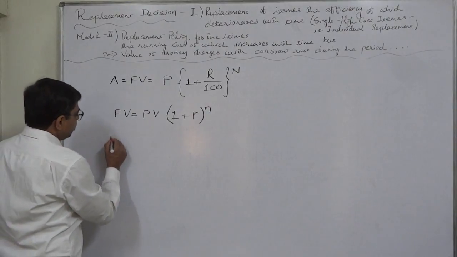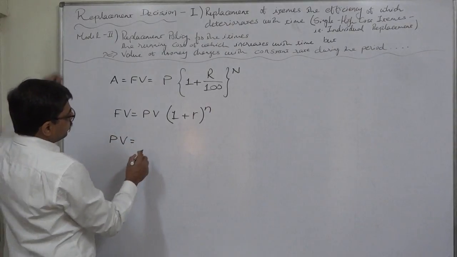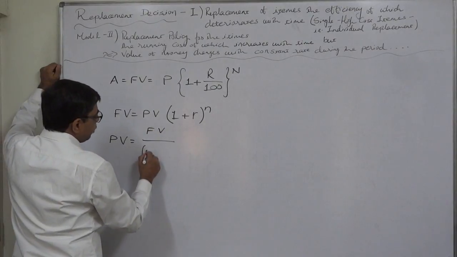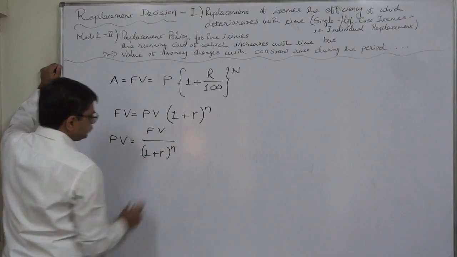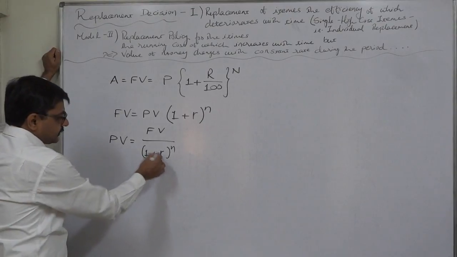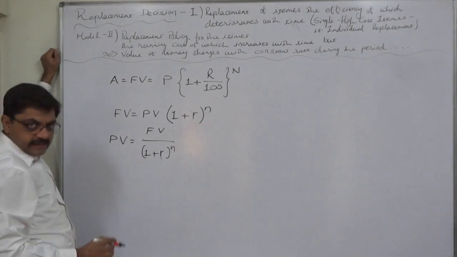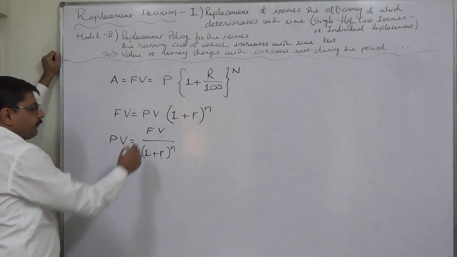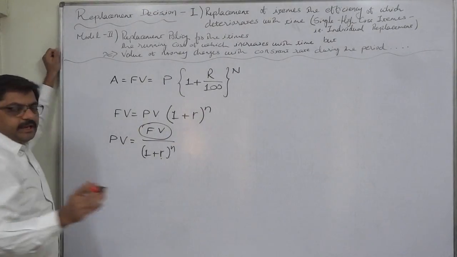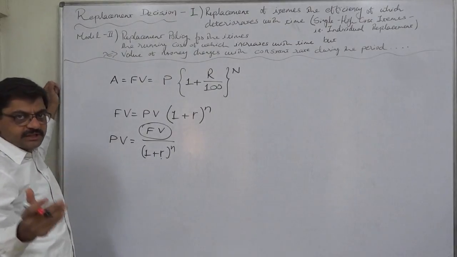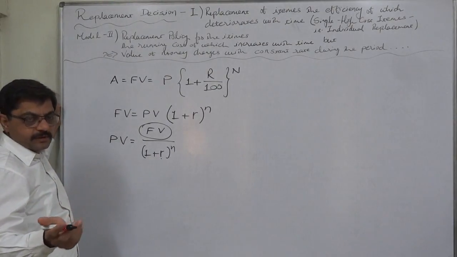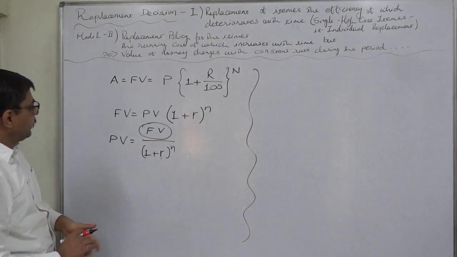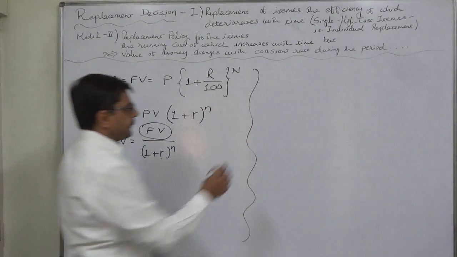So we are interested in calculating present value. What will be that? It will be future value divided by (1 + r) raised to n. This r is the rate of interest by which the amount is compounded. Now future values are not equal in all the cases for first year, second year, third year. They are always different. So it is preferable to find out the present value factor.